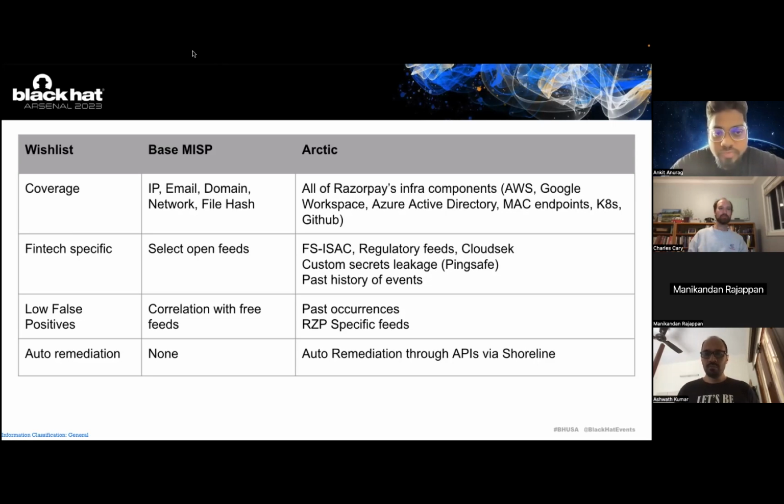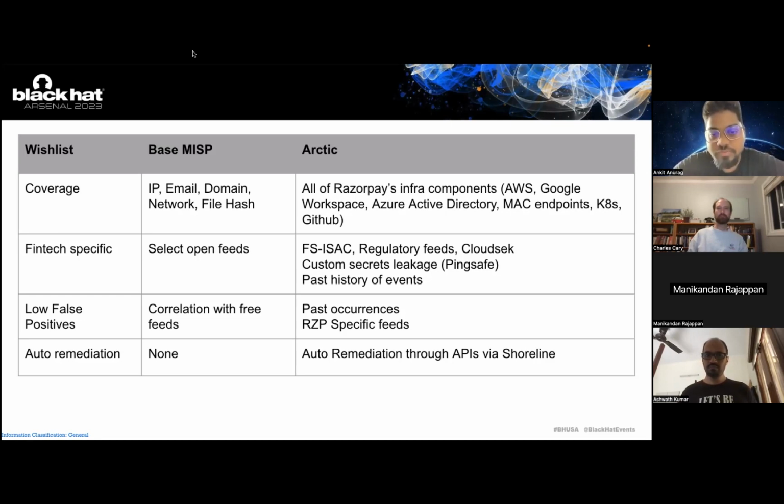So in terms of coverage, at base MISP, you may know that we have coverage in terms of IP, email, domain, but what we wanted out of Arctic is to also cover all of Razorpay infra components, which includes Google Workspace, Azure, AWS, GitHub, etc. And the second point, which was important for us, was that the feeds needed to be fintech specific. At base MISP, since the feeds are open and free, they come from all across the place. So in Arctic, we wanted to have it specifically around fintech.